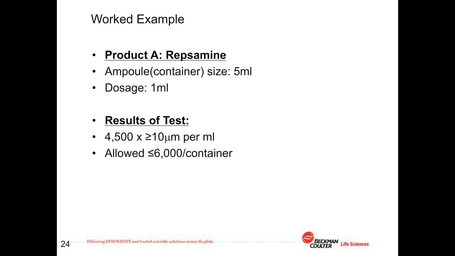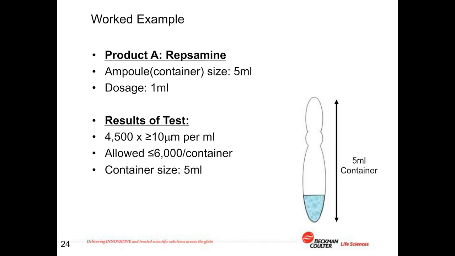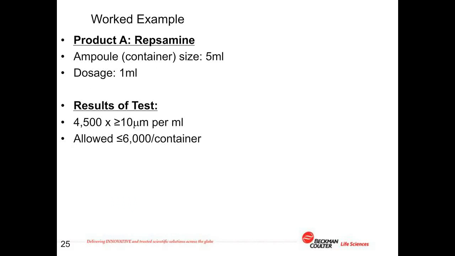So we've got 4,500 10 micron per mil in those containers. We're allowed 6,000. So the container we're using here is a 5 mil container. So if you take that 5 and multiply the 4,500, you end up with 22,500 counts per container, which of course would be a fail. But is it?